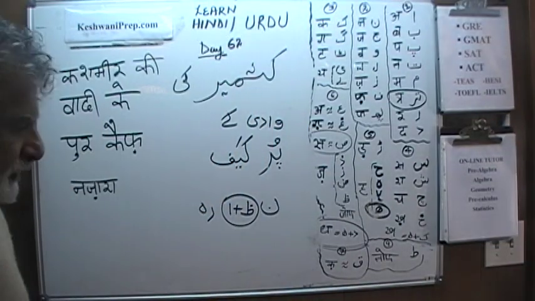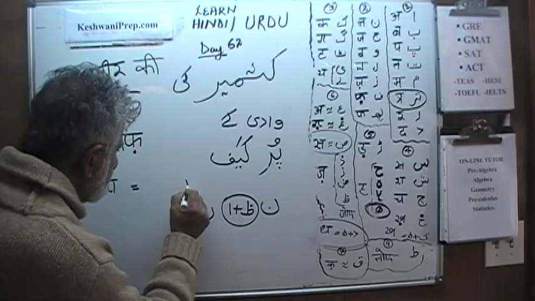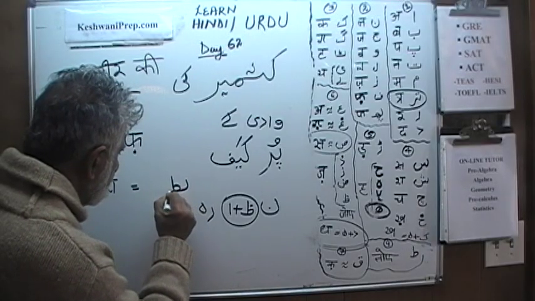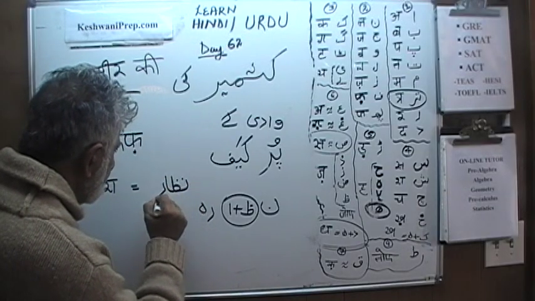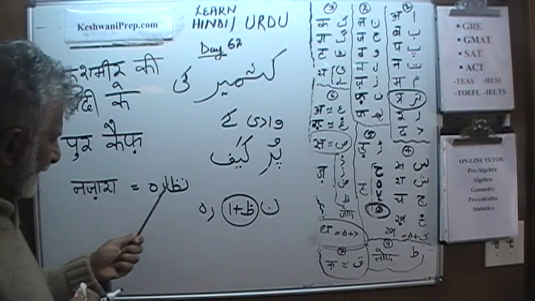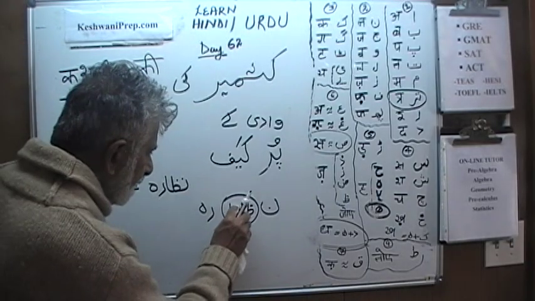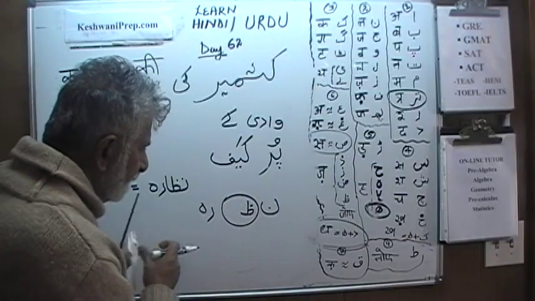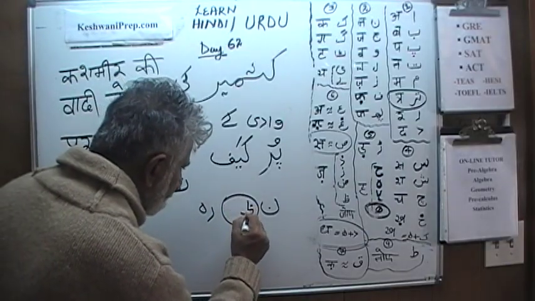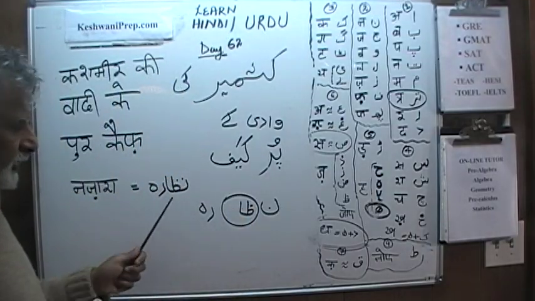Let's put them together here. Na, za, ra. There you go. Nazara. That's how it looks when it's put together. To join the alif with the za, the zoin, what you do is you simply extend it. This is your za, and you just extend it. That's your alif. That's what you see there.